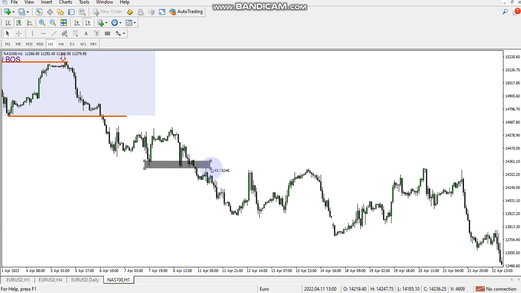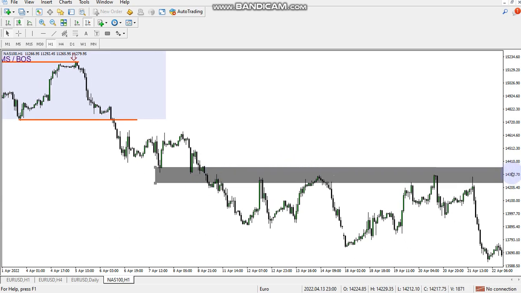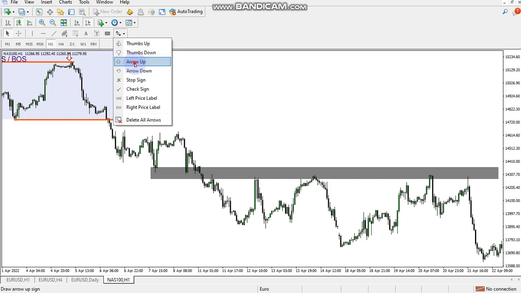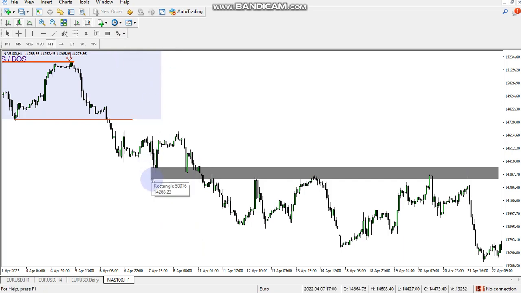Okay, here let's see if we don't get an entry from here. Previous level, even here it was retested several times, you see. And then here it was our support.